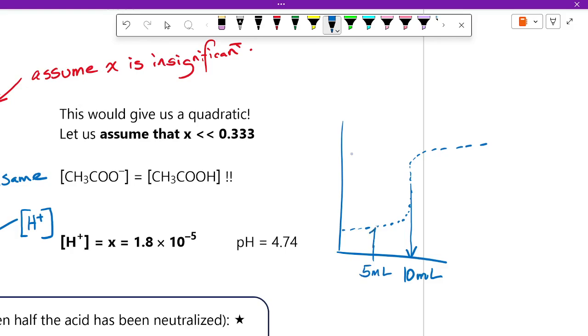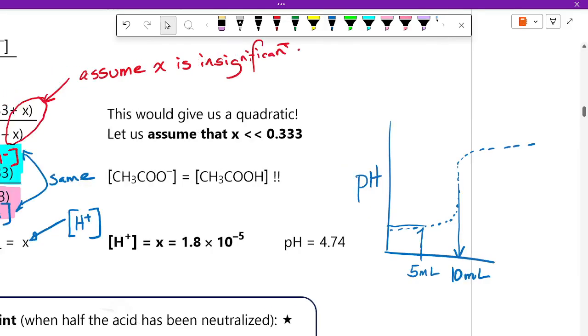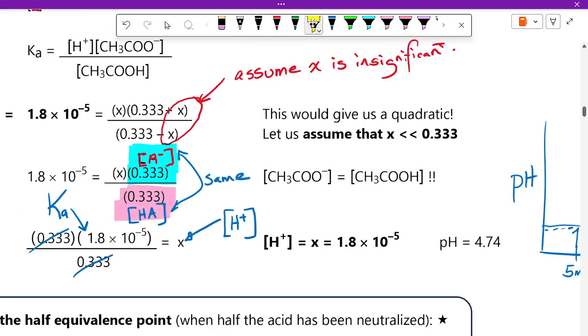And you can look up there and you can say, what is my pH? And from there, if you know the pH, you know the hydrogen. And if you know the hydrogen, you have now found the Ka of the acid.